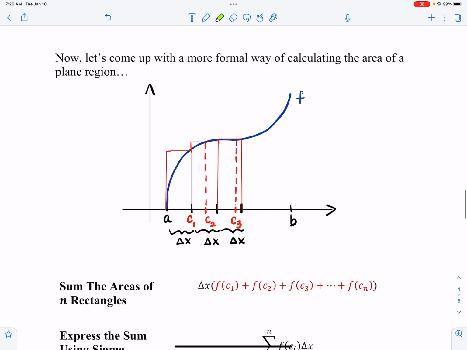Okay, so let's come up with a more formal way of calculating, or a more generalized way of calculating the area of a plane region. The plane region is just the area under the curve bounded by the x-axis on a closed interval.